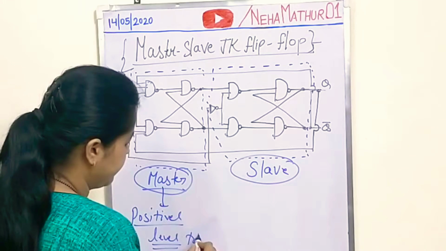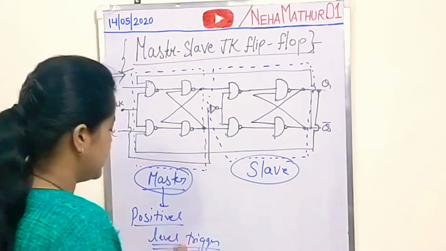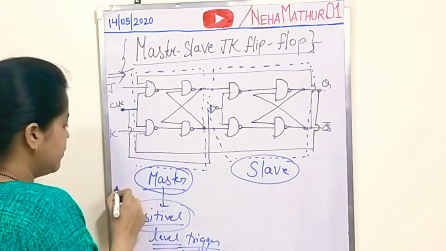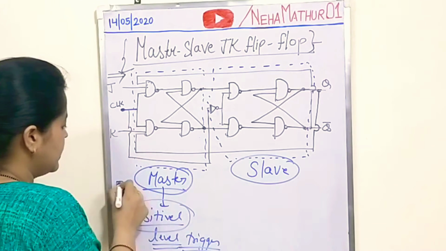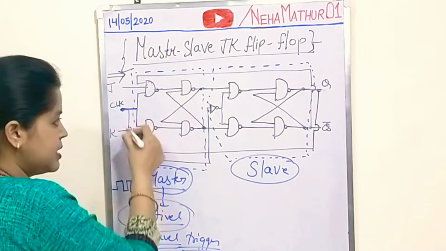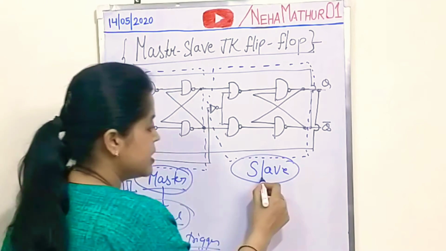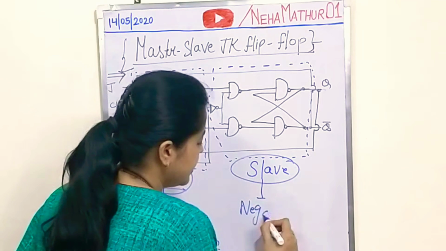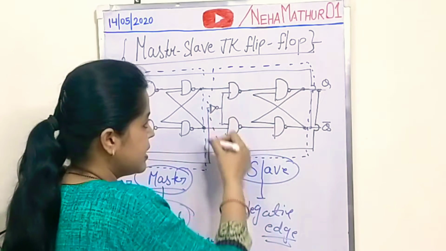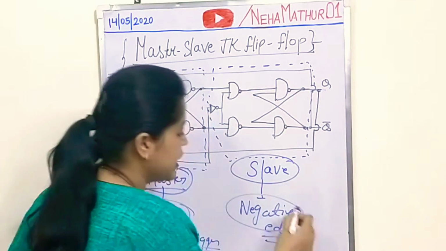What does it mean? Here I am using the clock directly, which looks like this. That means I am using the positive clock, direct clock, to operate this circuit, while your slave circuit is negative edge triggering. That means that circuit will work for the negative edge of the clock.